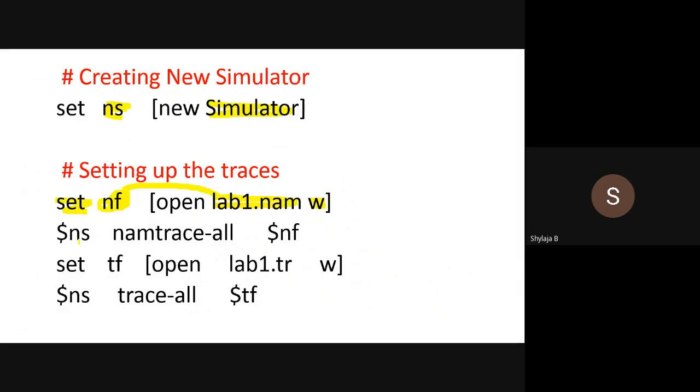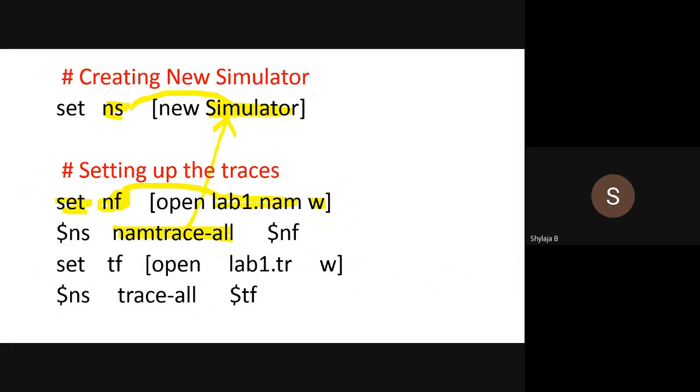Next, $ns namtrace-all. Namtrace-all is a member function which is available in the class simulator. If it is available in the simulator class, we can't directly access the member function. If you want to access the member function of this class simulator, it must be through the object of the simulator.